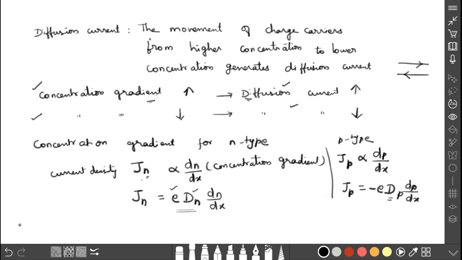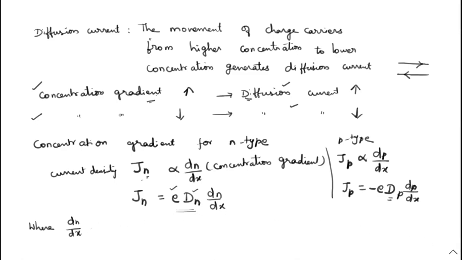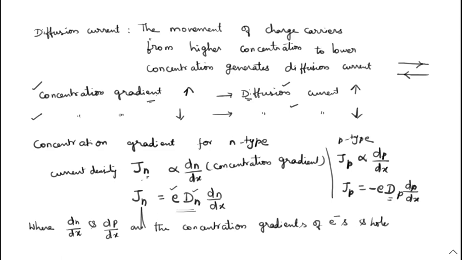Now, where dN by dx and dP by dx are the concentration gradients. What is concentration gradient? Difference. Concentration gradients of electrons and holes respectively.